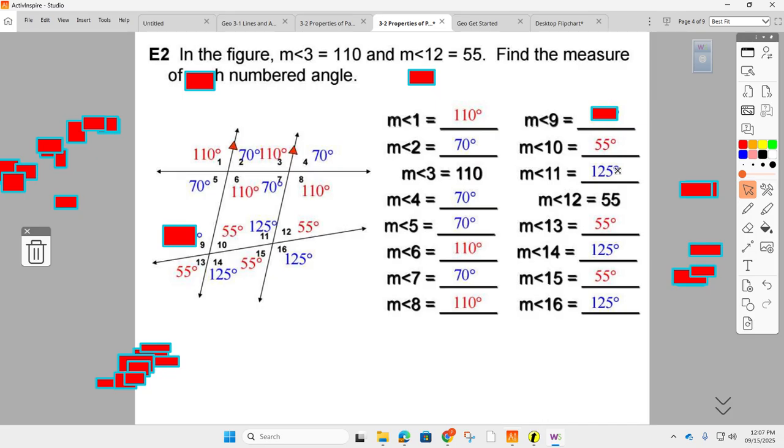The other one, 55 or 125. All right. Yes. Vertical angle to angle 14. It's also a supplementary angle to angle 10 or angle 13. So the measure of angle 9 is 125 degrees. Any questions on that?